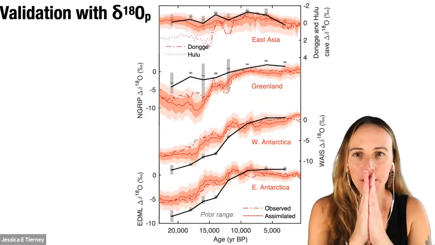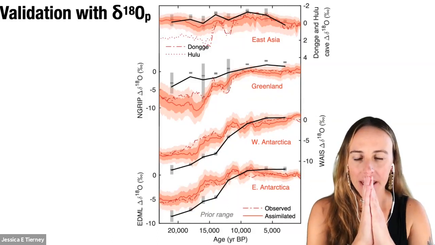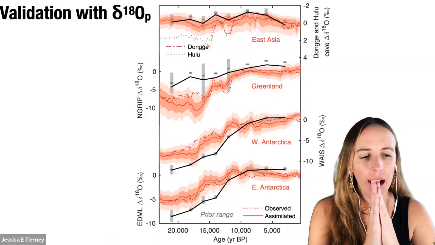All right, you got a couple more questions here in the chat. The first one is, what are the prospects of applying this kind of DA approach for rainfall reconstructions? Right, so actually we do have rainfall in the data assimilation in the LGMR.